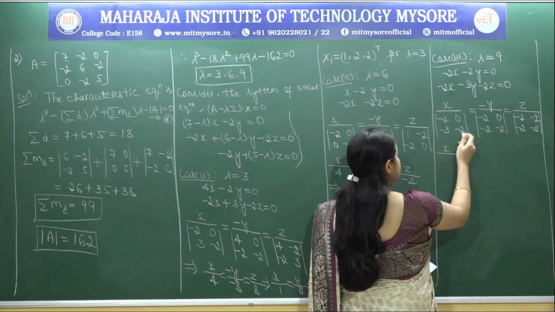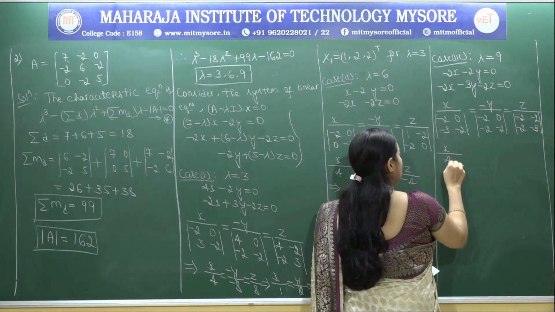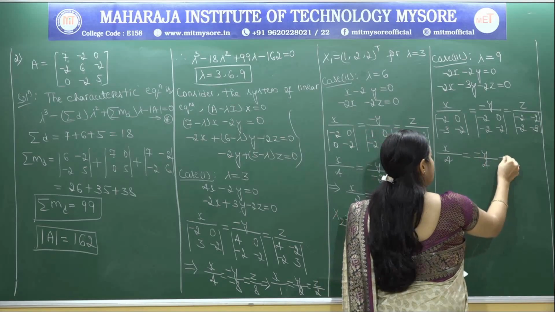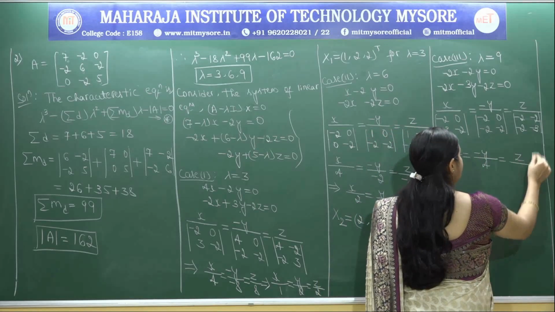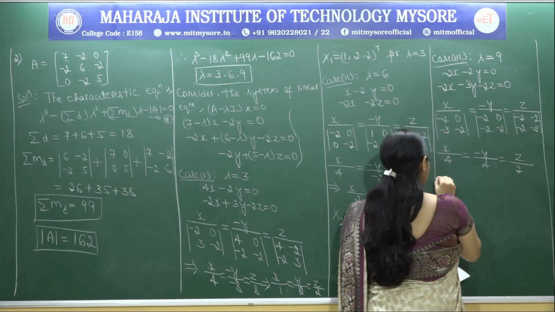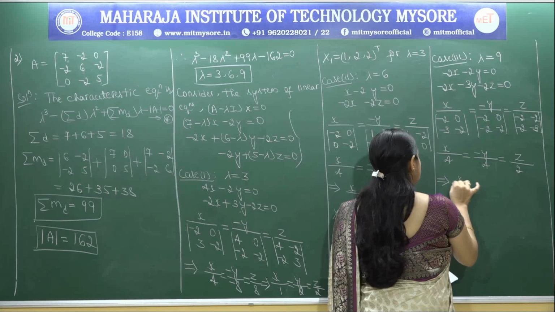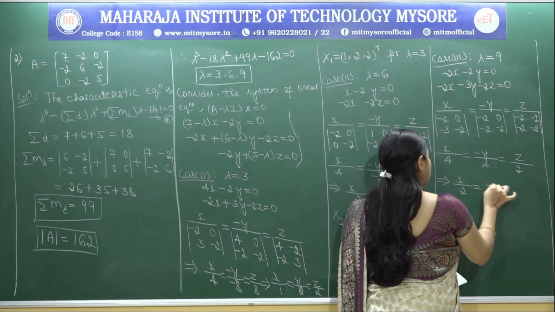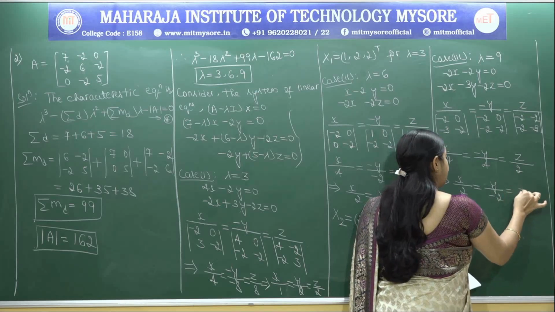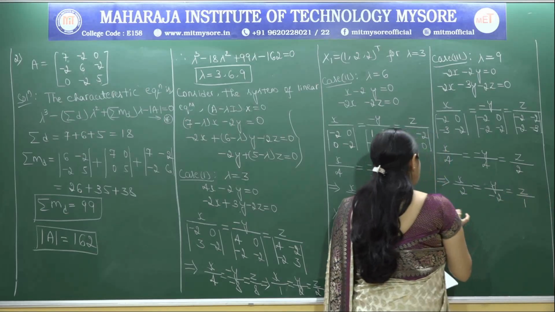So solve this. The first one, 4 minus 0. The second one, minus y divided by 4. Third one, z divided by plus 6 and minus 4, you will get 2. So reduce this, x by 2, y by minus 2, z divided by 1.